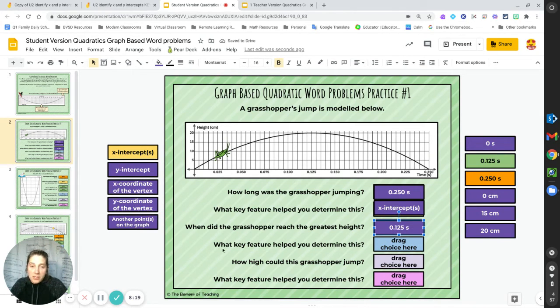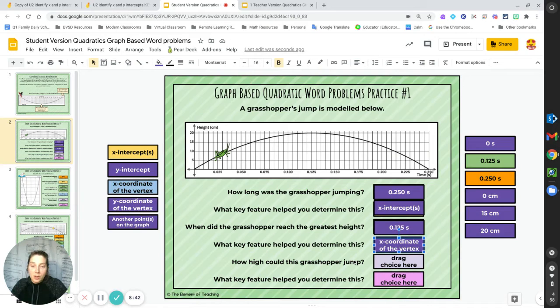We got that correct. What key feature helped you determine this? Well, this is the x-coordinate of the highest point, which is the vertex. That turning point is the vertex. So the x-coordinate right here, if I drag that over, you can see they were both blue.